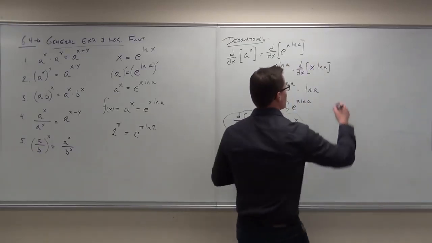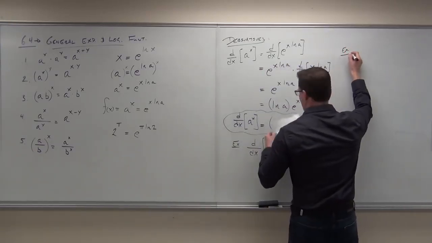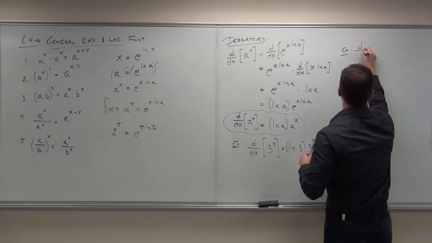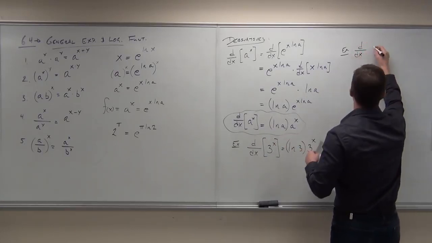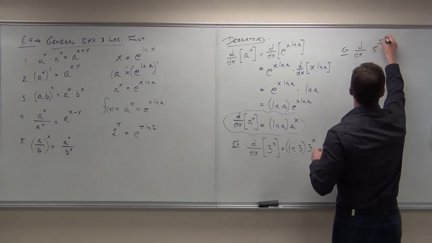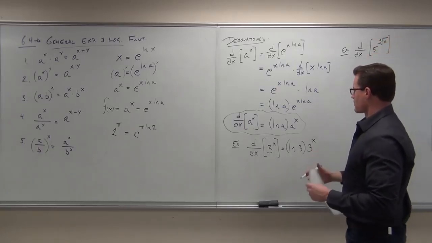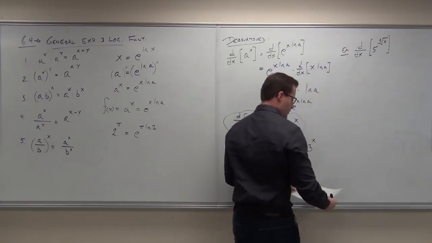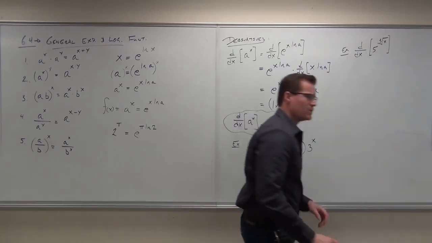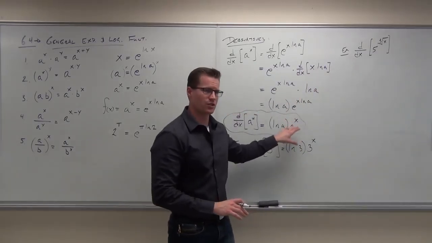Okay, so let's do some more. Let's practice some of these. I want to look at the derivative of 5 to the cube root x. One thing that we're going to tack on here before we attempt this, you need to understand that the chain rule is still in effect.